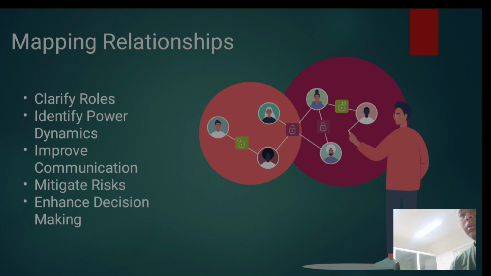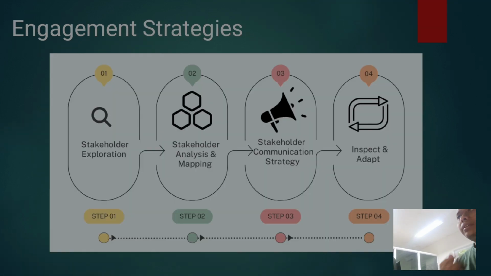Okay, so I think this is the last slide. So, engagement strategies. So, the first part, when it comes to engagement strategies, is to explore the stakeholders' roles. As I've said earlier, there should be a complete awareness of the stakeholders, not just in the internal but also in the external part of the organization.